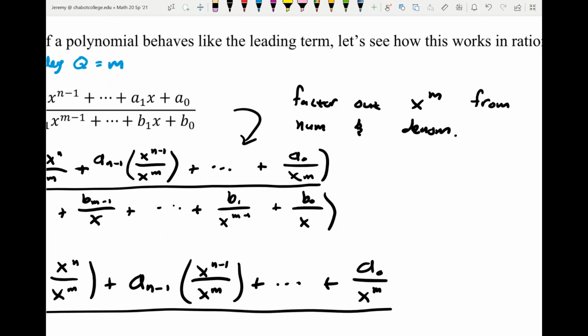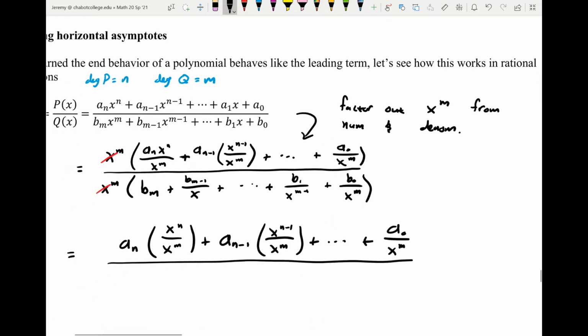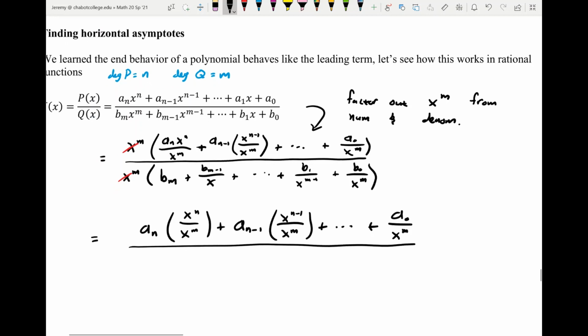Here I should have had these look like exponents in here. Okay, and then in the denominator all I'm left with is b sub m plus b sub m minus 1 over x plus, okay, all this stuff.